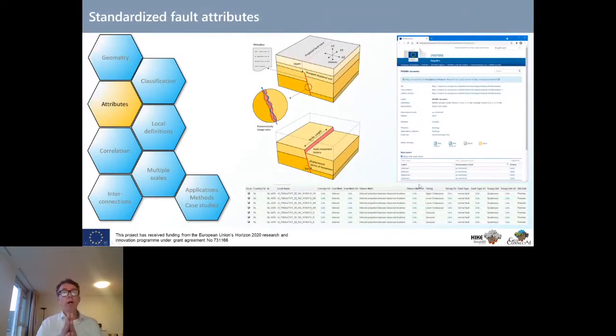We also assigned attributes to the faults. What are the characteristics of faults? How do faults behave? When did they form? Or what other types of information? And this information is, as much as possible, made Inspire compliant or standardized if that didn't exist yet. And you can, through the vocabulary system and keyword thesaurus, get information about these standards.